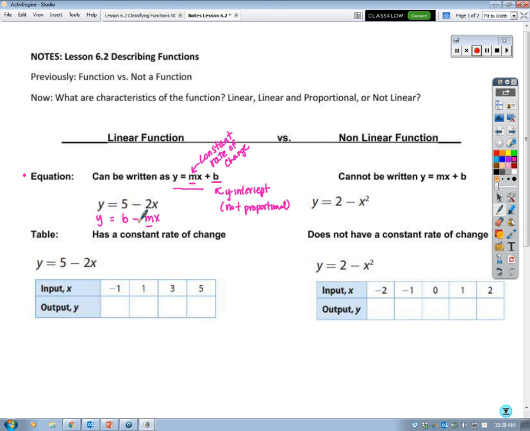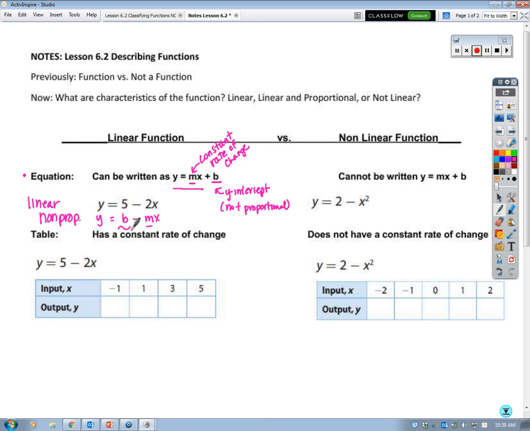It's not in the exact same format, but it is still y equals mx plus b, where we have our y-intercept and our slope. So this would be linear, but also non-proportional, because it has a y-intercept right here, which means it's not going to go through the origin.